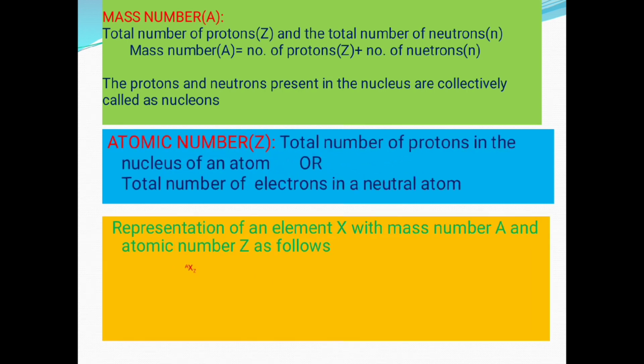These are called nucleons. The sum of the total number of protons and the total number of neutrons is called the mass number.